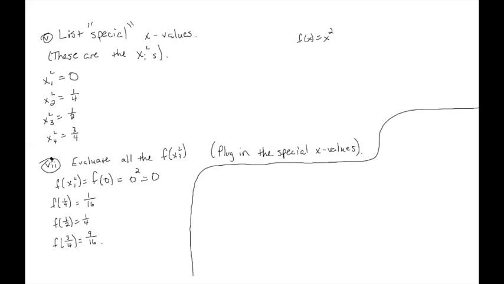Counting too much here. That should be 6. Right, step 6. Step 6. Come on, there we go. And then step 7 is plug everything into the Riemann sum.